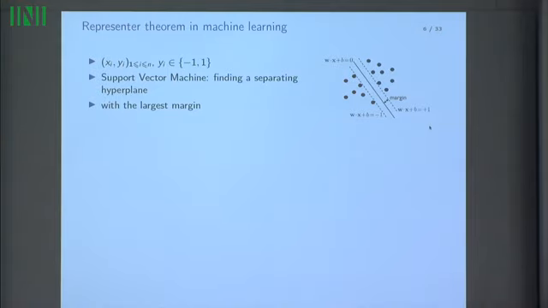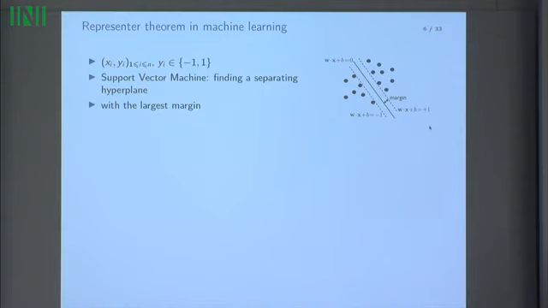I want to separate those points using a very simple classifier, which is linear, a hyperplane. To be robust to outliers, if I want to do prediction in the sequel, I want to find the hyperplane which has the largest margin. The largest margin means that I want to maximize the minimal distance between the hyperplane and the first points in the blue group and the first point in the red group, just to be more robust.